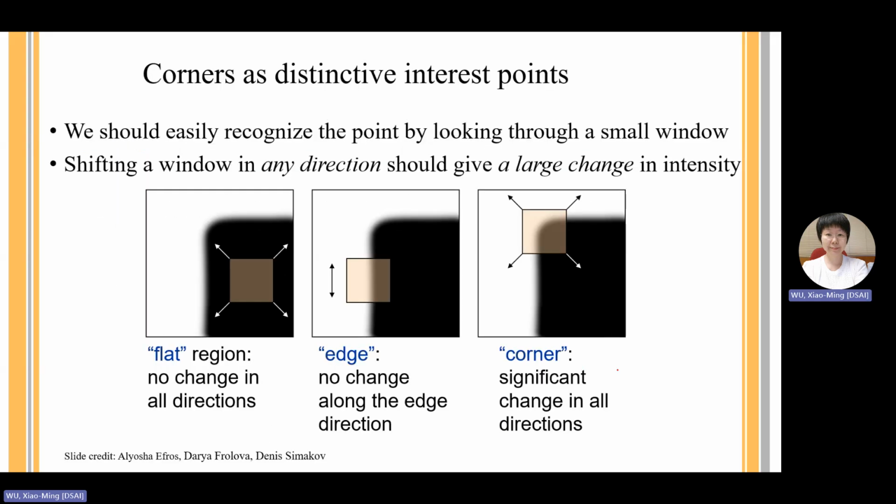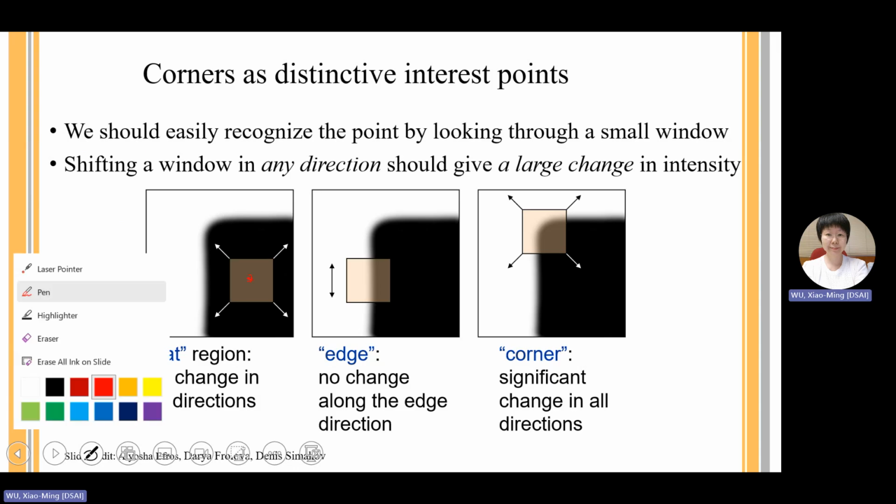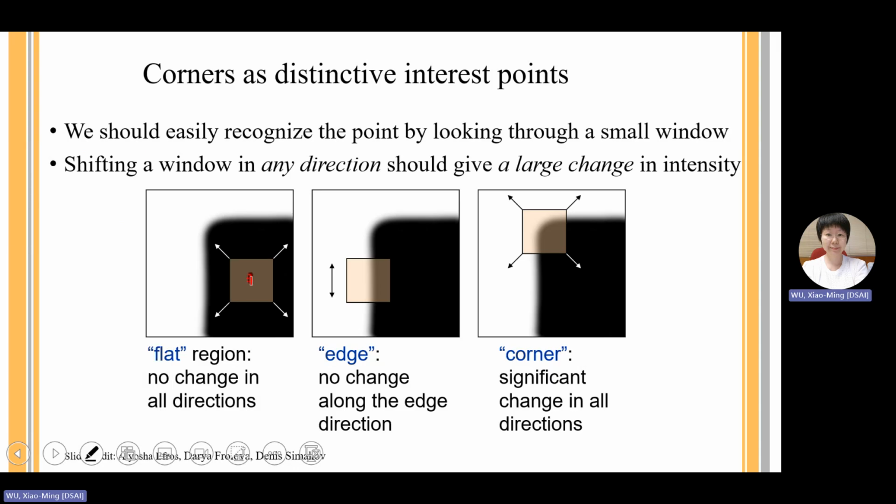Now, let's say here is the center of the window, and here is the pixel. The red one represents the current pixel. If we look at the image content within this window, what can we observe? It's all dark. What about its image gradients? What about the image derivatives within this window?